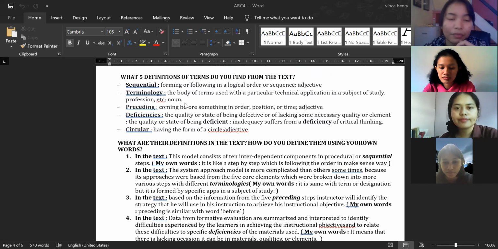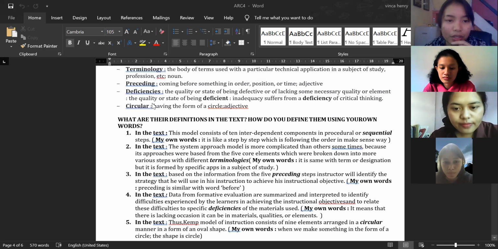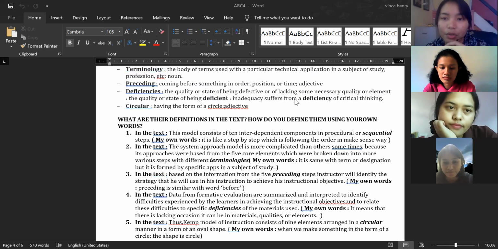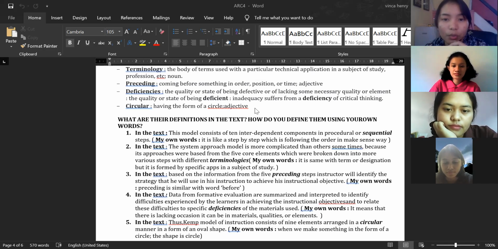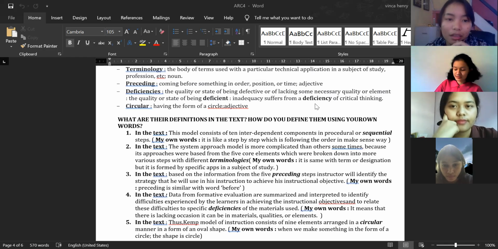It is a noun. And third, preceding means coming before something in order, position, or time. It is an adjective. And fourth, deficiencies, the quality or state of being defective or of lacking some necessary quality or element, the quality or state of being deficient, inadequacy, as in suffers from a deficiency of critical thinking.